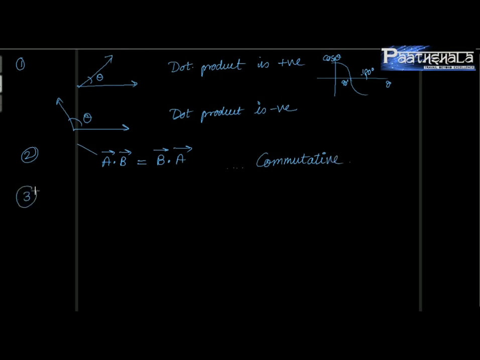The third thing that you need to note is that the dot product is distributive over addition. Mathematically, this means A dot (B plus C) is equal to A dot B plus A dot C.